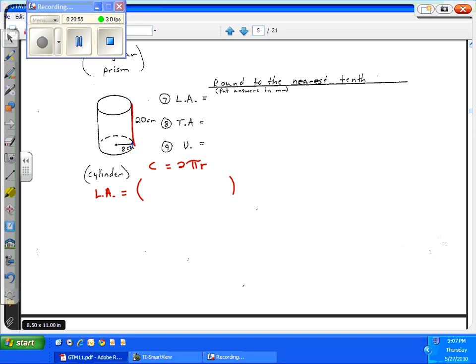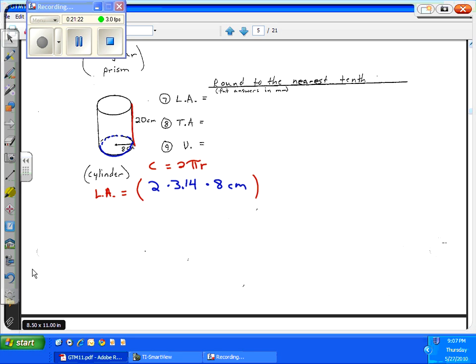The length of that rectangle when you fold it out is the circumference of the circle. Circumference is 2 times pi, which is 3.14, times the radius, which is 8 centimeters. So we have the circumference.